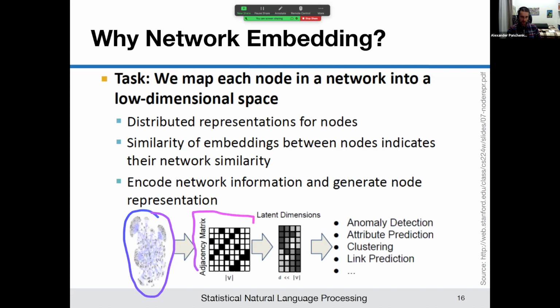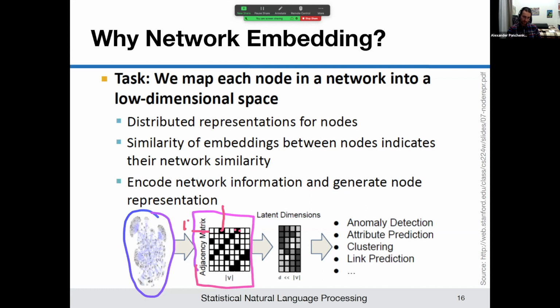So it's a kind of sparse data structure where you have basically every node as a row and some non-zero value on the intersection of row and column if there is a certain link between them.